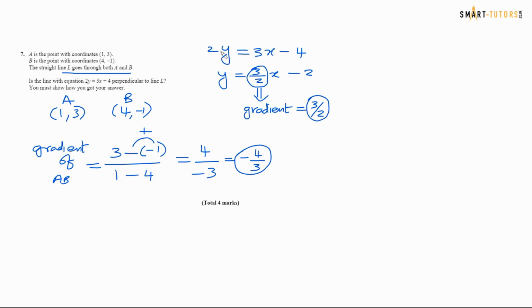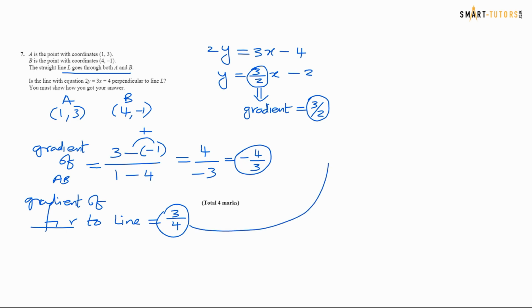Now the question is, they are asking whether this line is perpendicular to line L. So the gradient of the perpendicular line should be the negative reciprocal. So 3 over 4. It has to be 3 over 4.